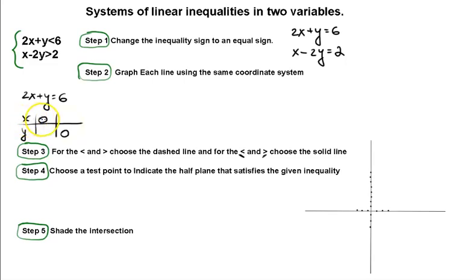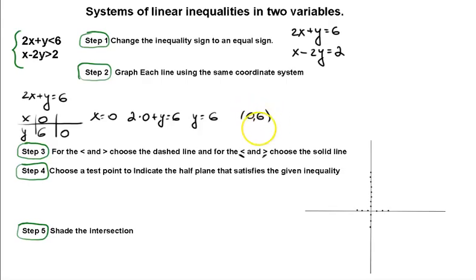If x equals 0, I substitute x with 0, so I'll have 2 times 0 plus y equals 6. 2 times 0 is 0, so y equals 6, and the point is (0, 6).